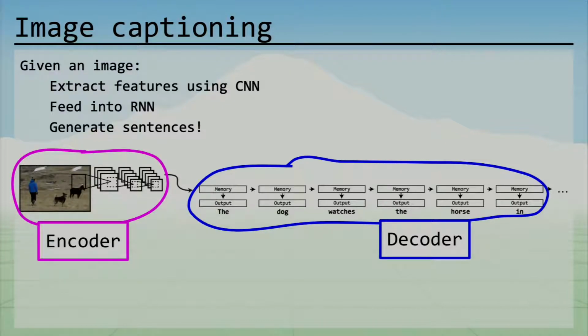We'll run the image through our CNN and produce some vector, which will be some state information. We'll feed that into our decoder, which will be something like an RNN, and have it generate sentences for us. So in this case, our decoder might produce something like "the dog watches the horse." Hopefully, this isn't a real example.